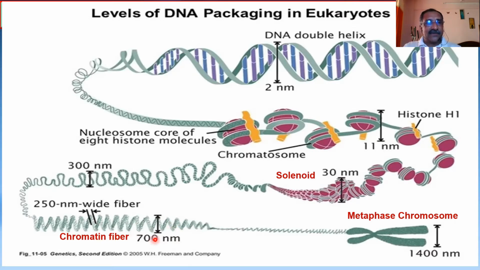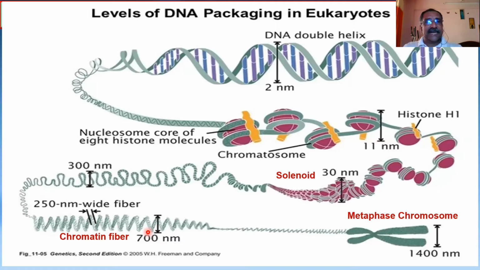Now, what is the size of the chromatin fiber? What I said now? 700 nanometer. The thickness of fiber is 250 nanometer. Okay. So mistake nahi hona. You remember the thickness of fiber and the thickness of the coil.